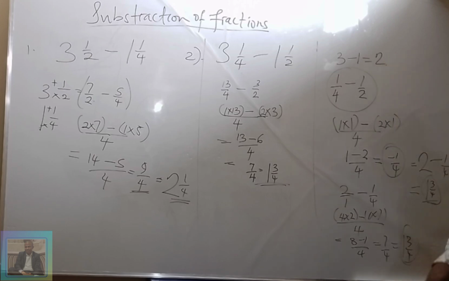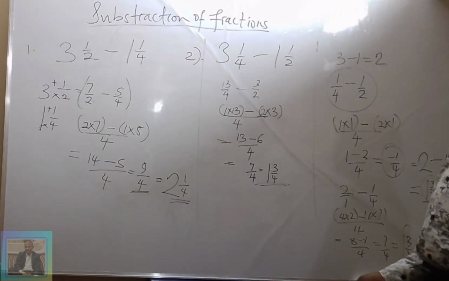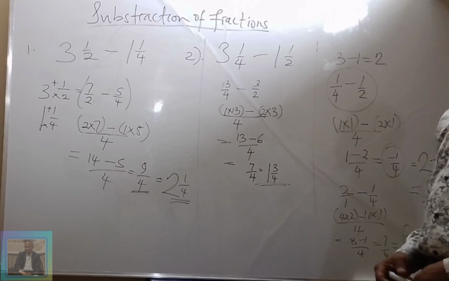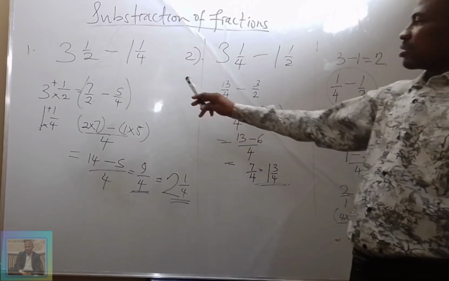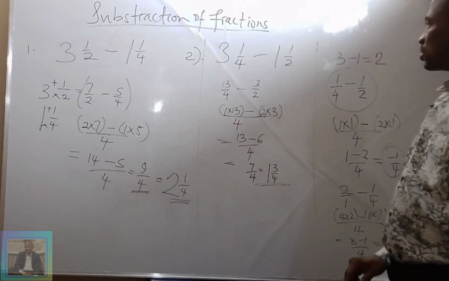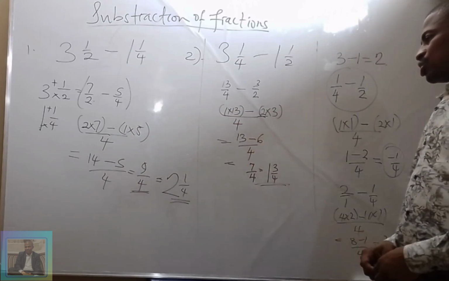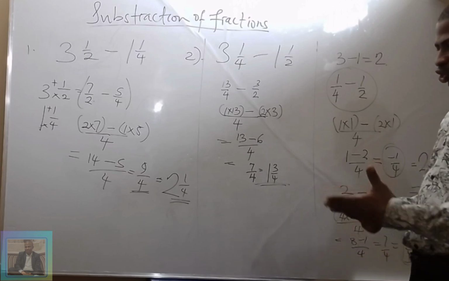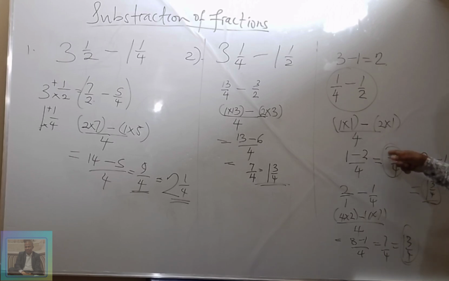So the simplest way to do subtraction of mixed fractions is to first convert them to improper fractions, then it will be easy to do the subtraction. It will be shorter for us, because if we do it the other way, we have a negative fraction and we still have to remove it from the integer that we have.